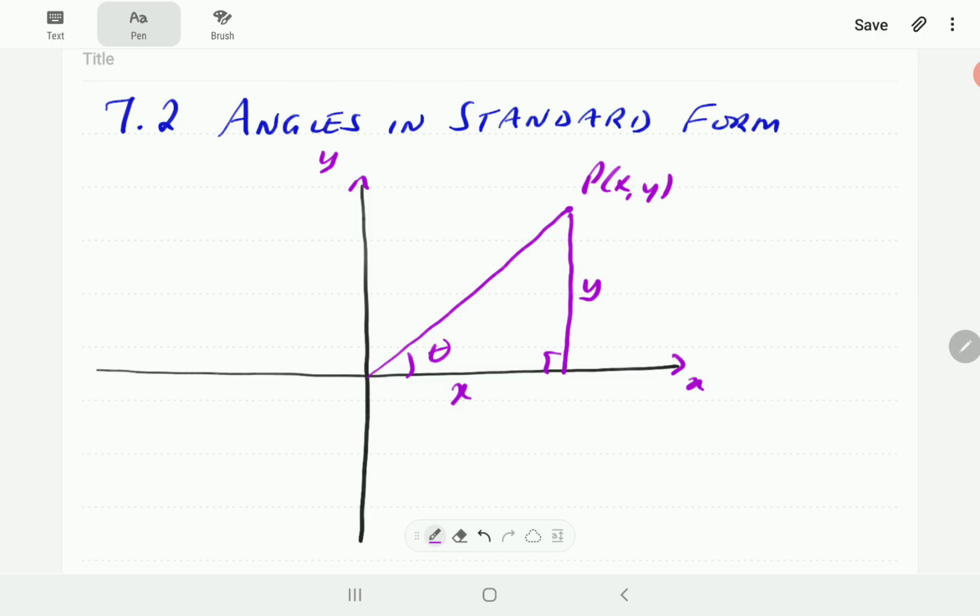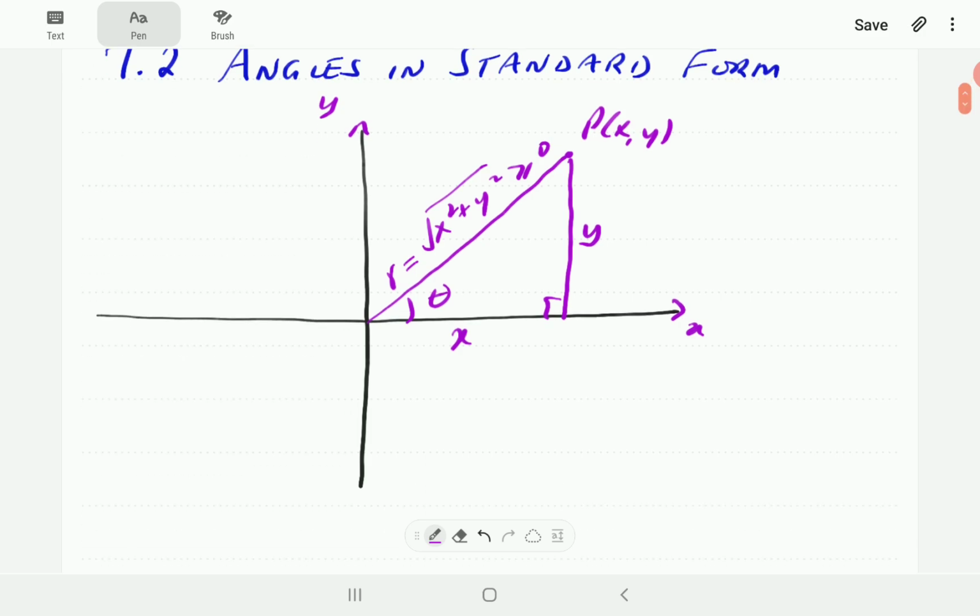Now, by Pythagoras, the hypotenuse of this triangle, we're going to call it r. It's going to be the square root of x squared plus y squared. This number is always positive, so it's always greater than or equal to 0.